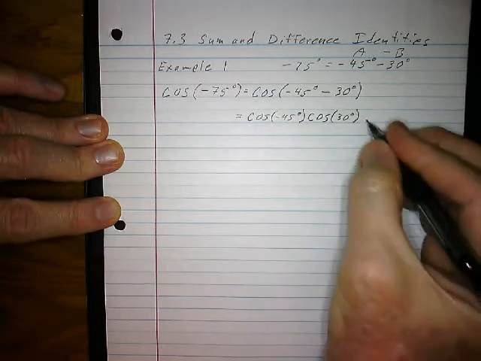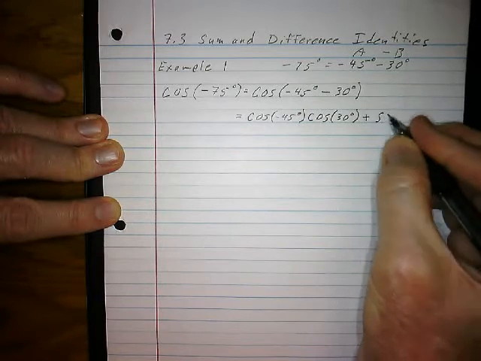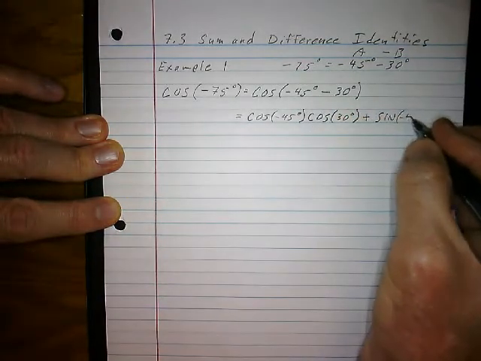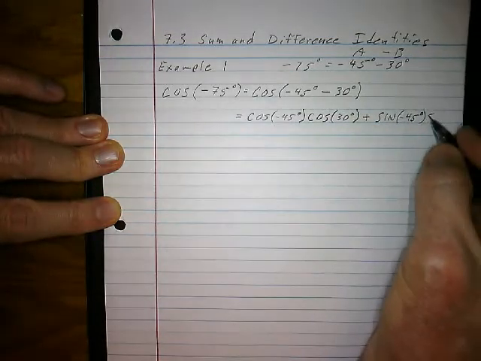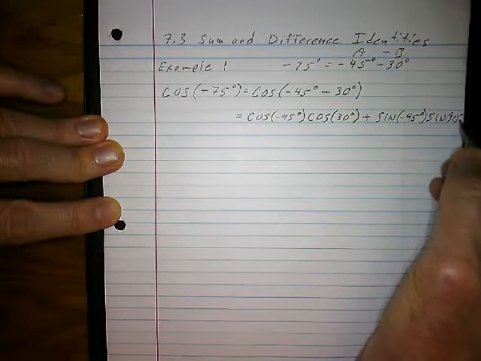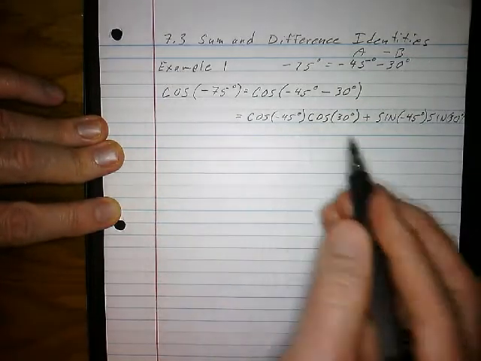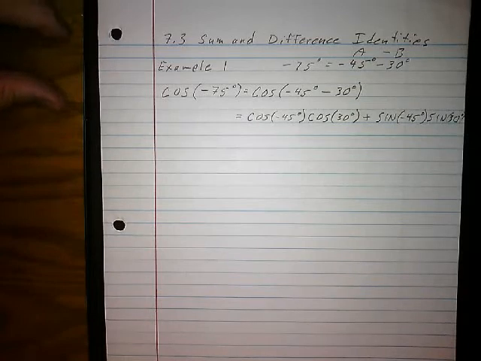And because this is a difference, we have a plus sign here. Sine of A, the first angle, sine of negative 45, times the sine of the second angle, the sine of 30. So cosine, cosine, sine, sine. You got to have a little dance to it as you do this.